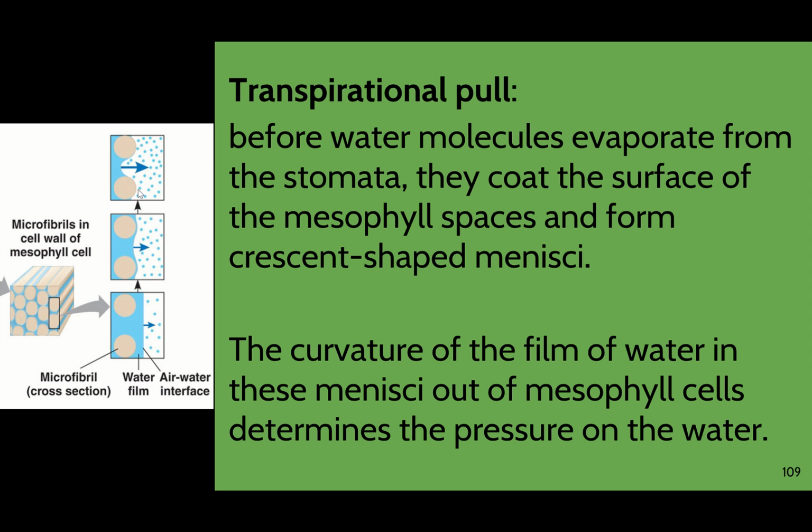The higher the pressure, the higher the water potential. Okay, so if that was confusing to you, make sure you go back and look at our water potential equation. And that's going to cause more water to transpire out of the cells and out of the film around those mesophyll cells.